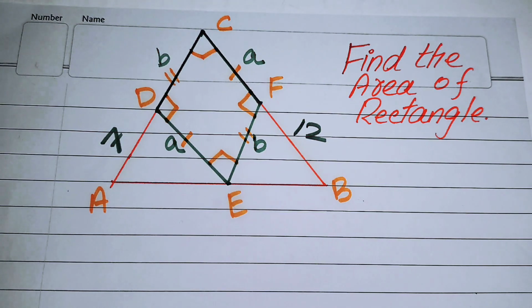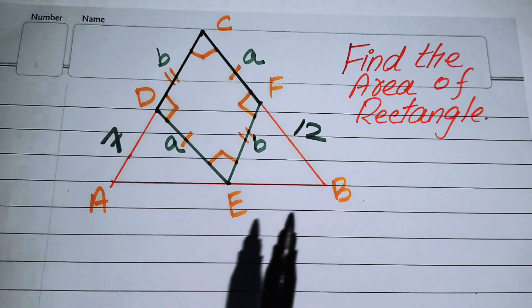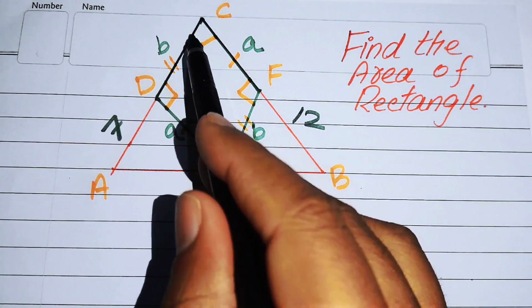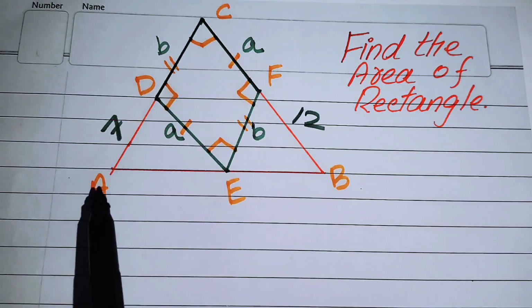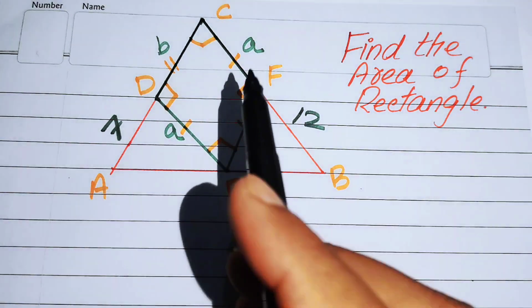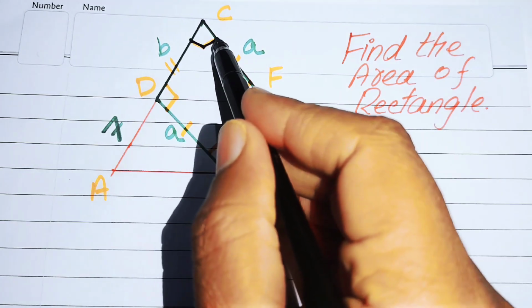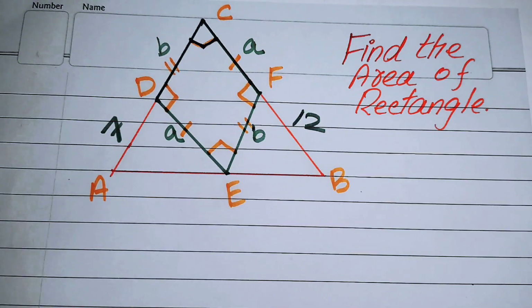In the next step, focus just on triangle ABC. In triangle ABC, this angle B is the right angle.